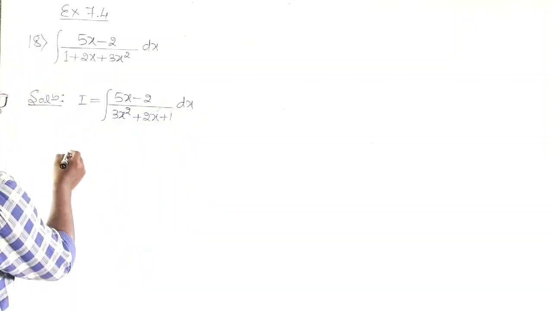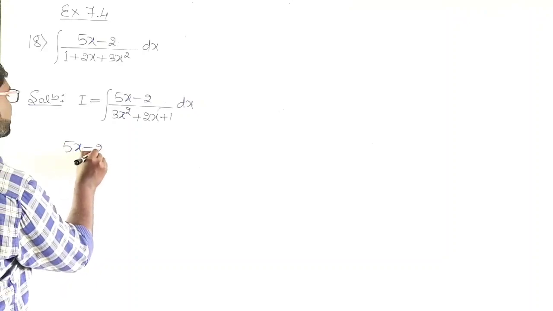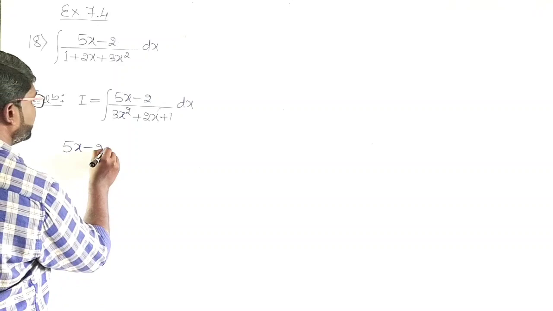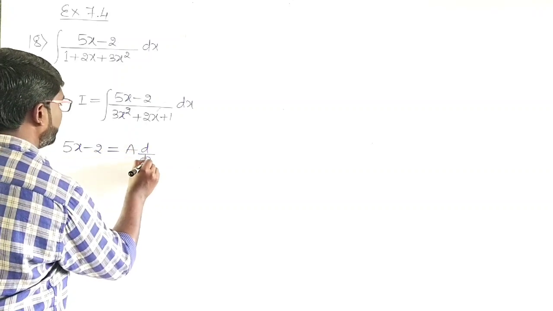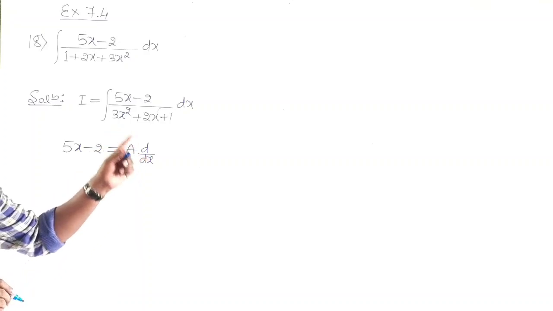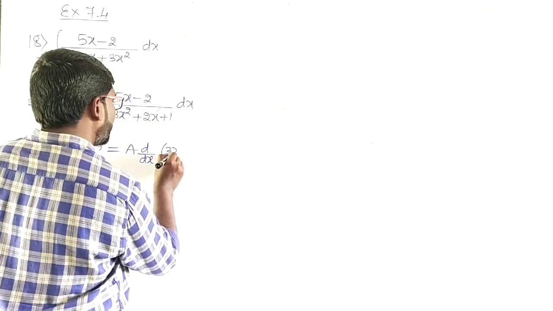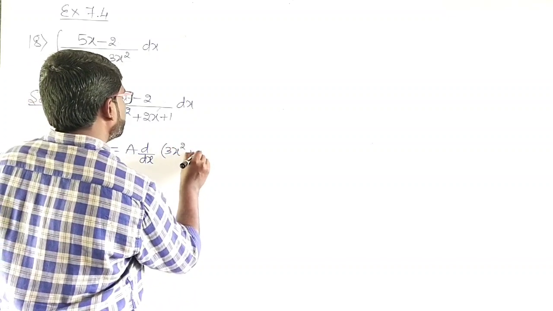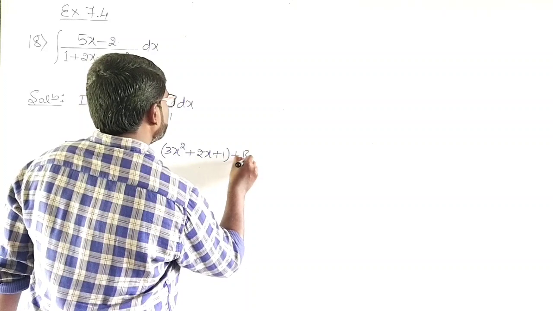Now in the next step we can write 5x minus 2 equals A into d by dx of ax square plus bx plus c, that is nothing but 3x square plus 2x plus 1, plus B.